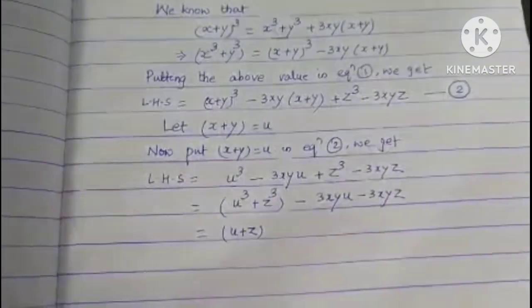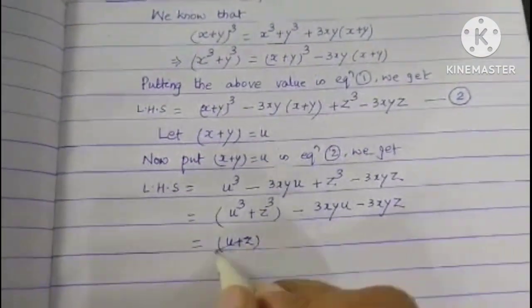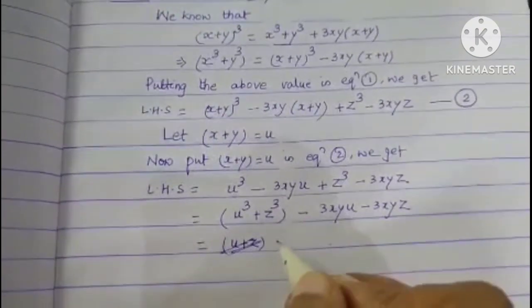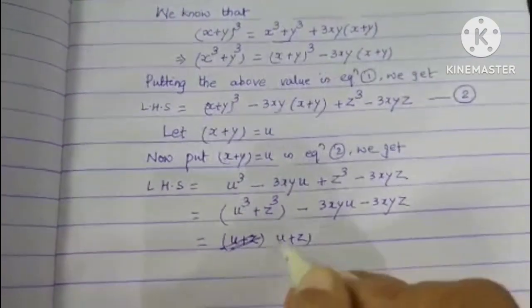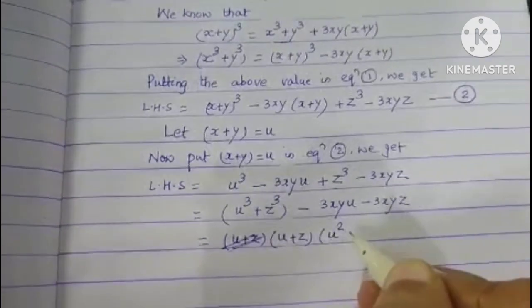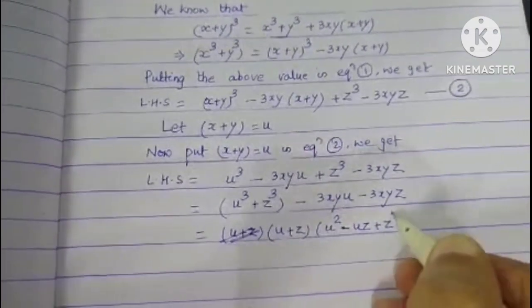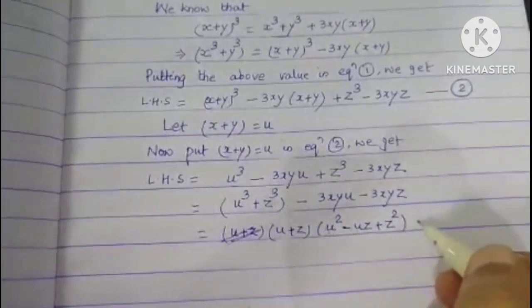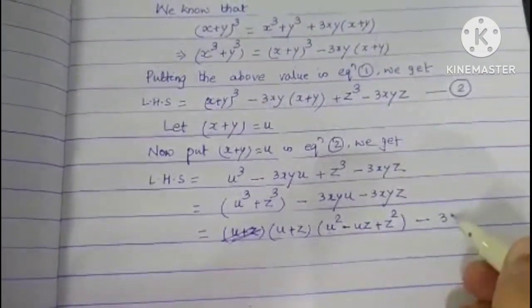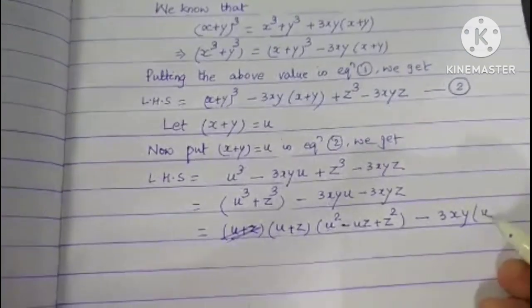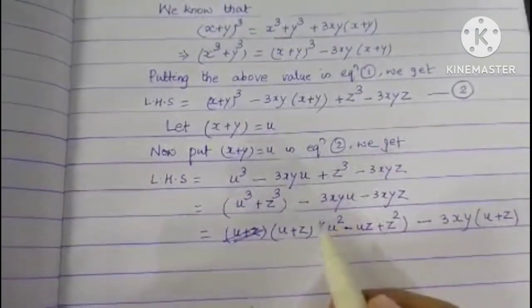It is equal to u plus z multiplied by u square minus uz plus z square. This will benefit us, and minus 3xy into u plus z. Yes, now it is good.